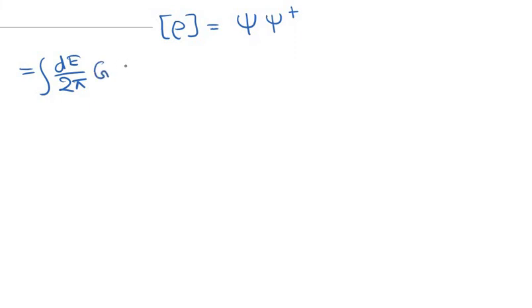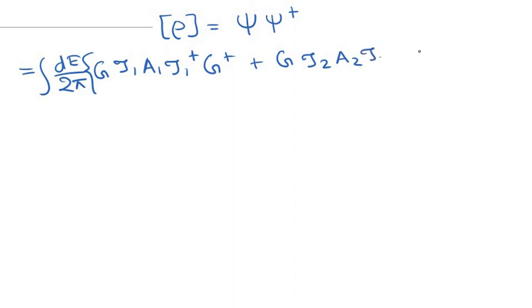So the density matrix rho is basically equal to the integral dE divided by 2 pi, G, tau 1 A1 tau 1 dagger G dagger, we put a bracket over here, plus G tau 2 A2 tau 2 dagger G dagger, and we have an F1 over here and an F2 over here.